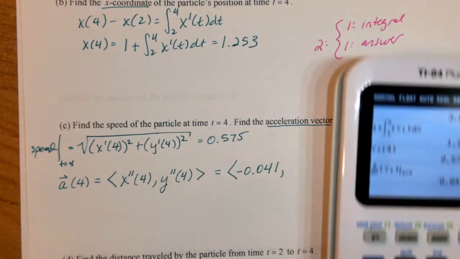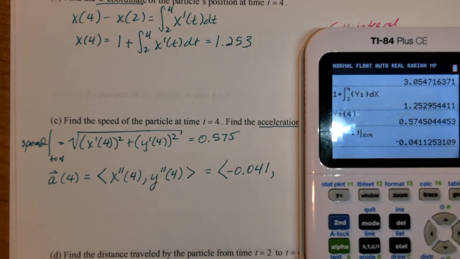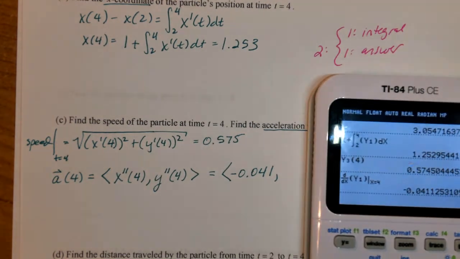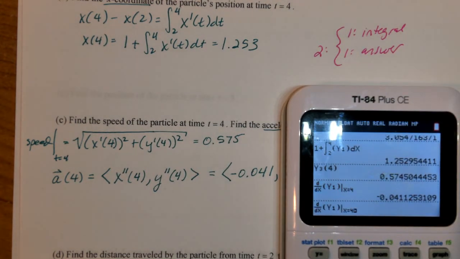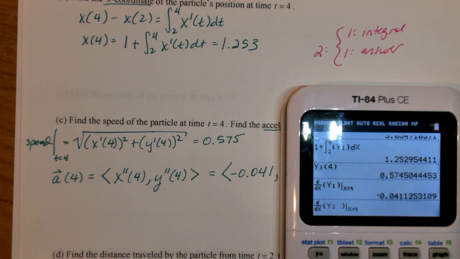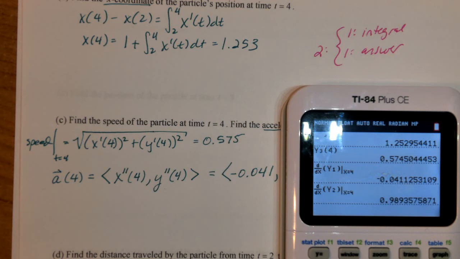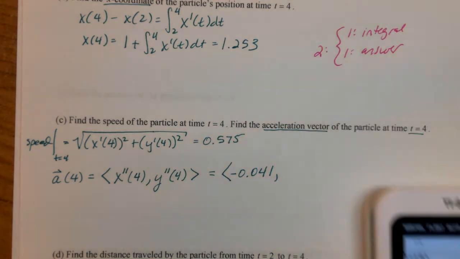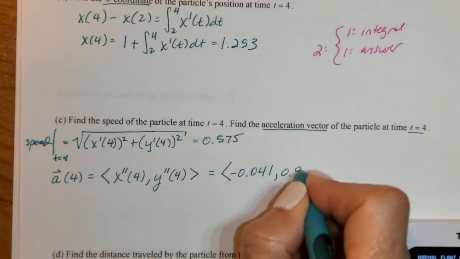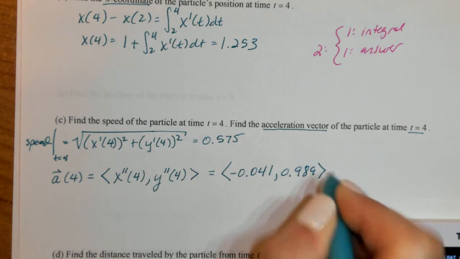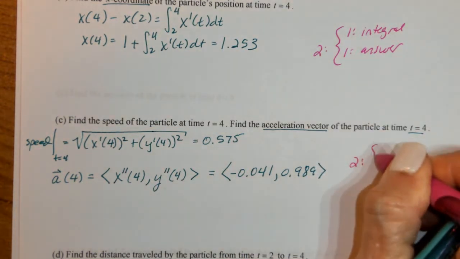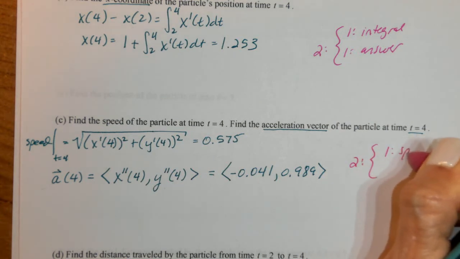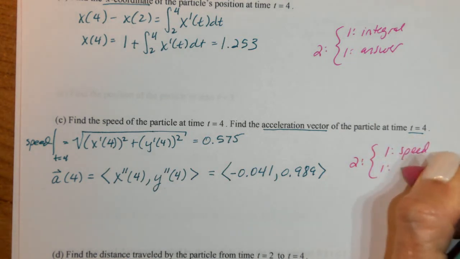Same thing this time with y2. So I think I'm just going to scroll up, grab that, go change this to y2. I get 0.989. That was worth 2 points: 1 point for the speed, 1 point for the acceleration.